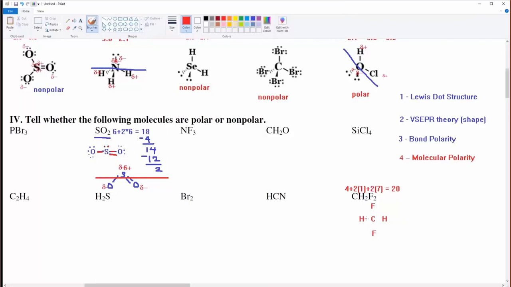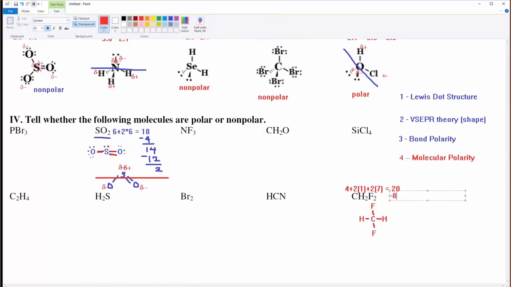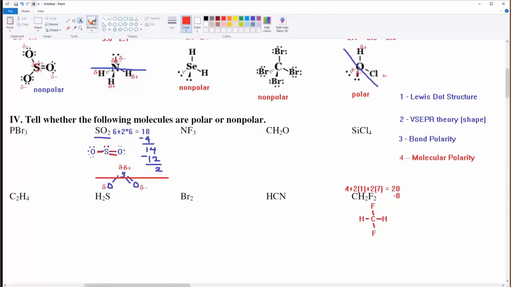Single bonds. 1, 2, 3, 4 single bonds. How many electrons did that use up? Yeah. 8 single bonds. So how many have I got left? 12. Good.